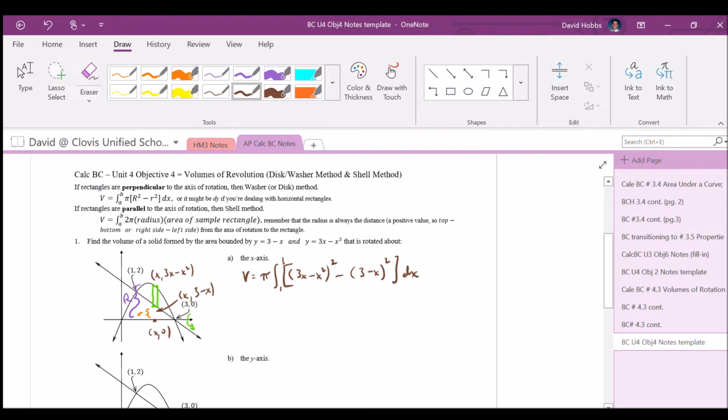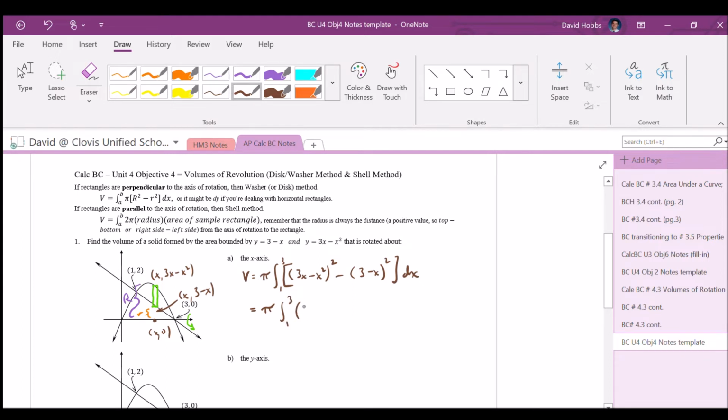Now at this point, really this is a review problem, and unless it specifically says you get to use a calculator, you have to do this without a calculator, and so this would involve some algebra.